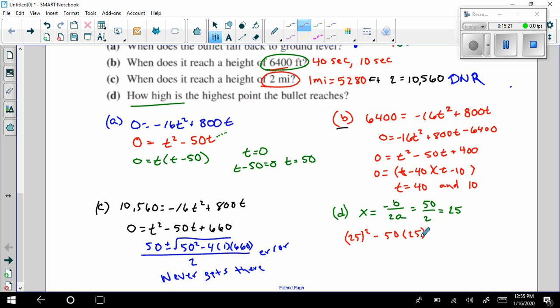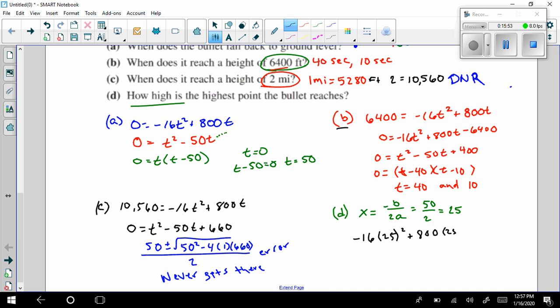So we type that out in your calculator. Sorry guys, I misspoke. I did need to plug it. This part we need to plug into the original equation. So negative 16 times 25 squared plus 800 times 25.